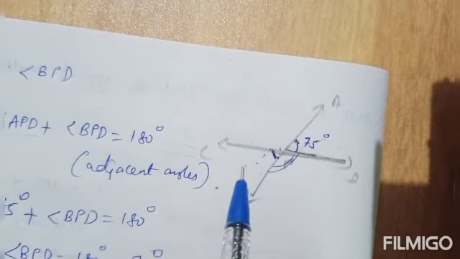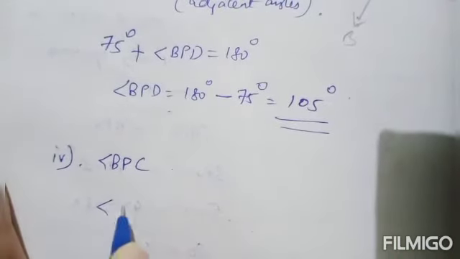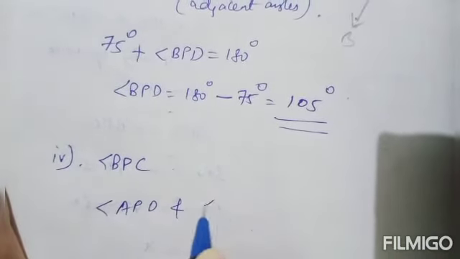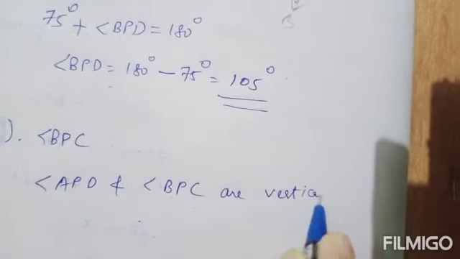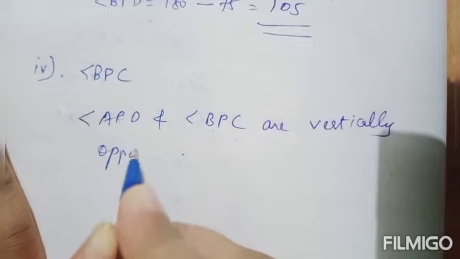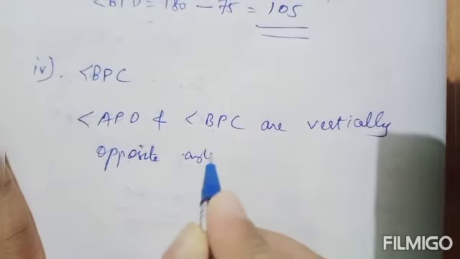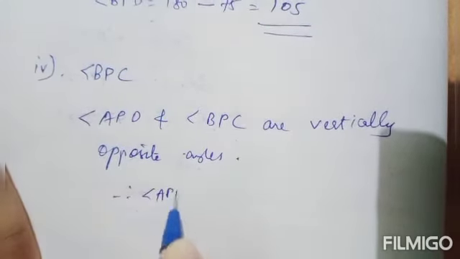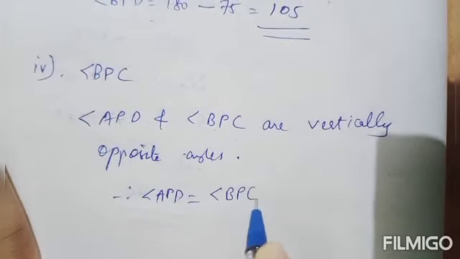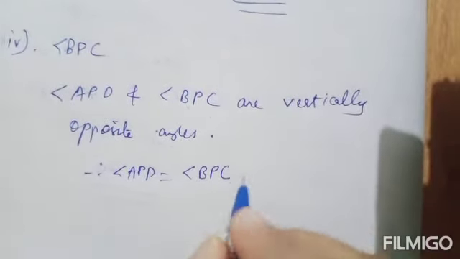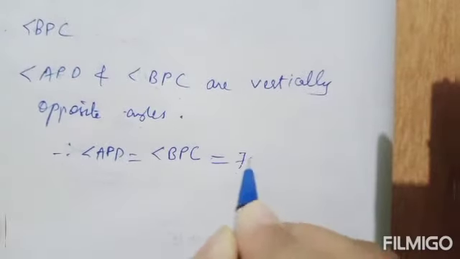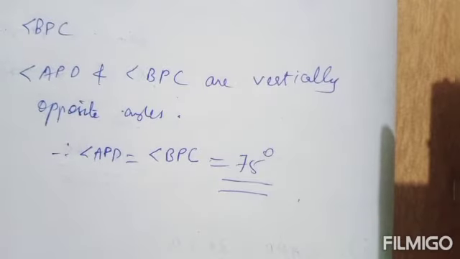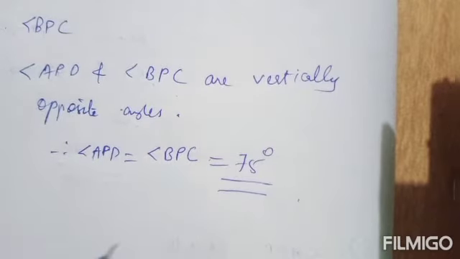Vertically opposite angles are equal. Therefore, angle APD equals angle BPC. Angle APD we found is 75 degrees, so BPC will also be 75 degrees. Both angles will be 75 degrees.